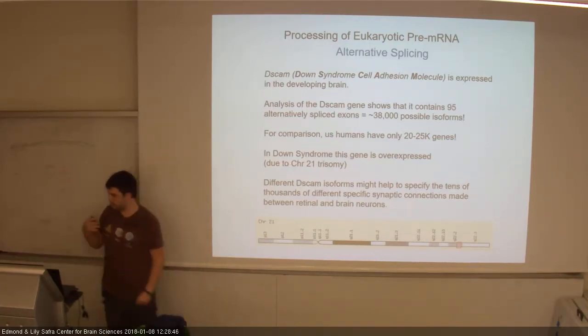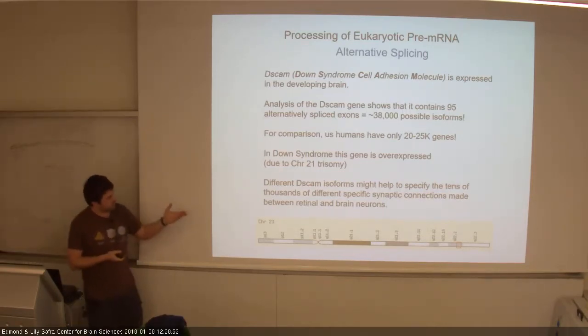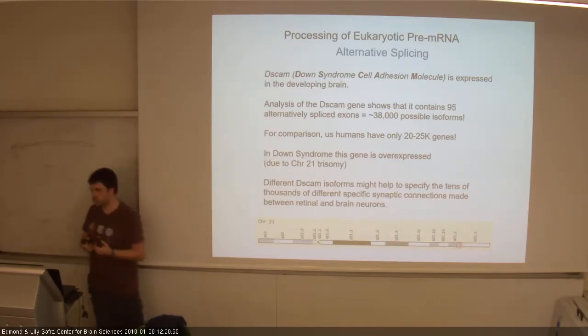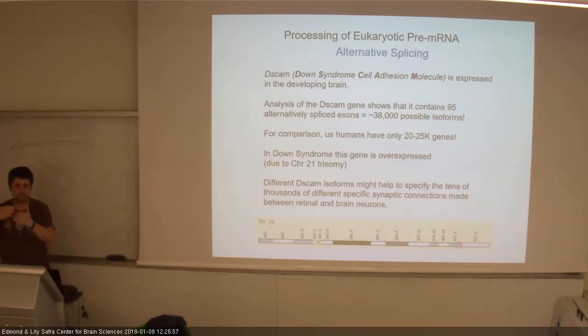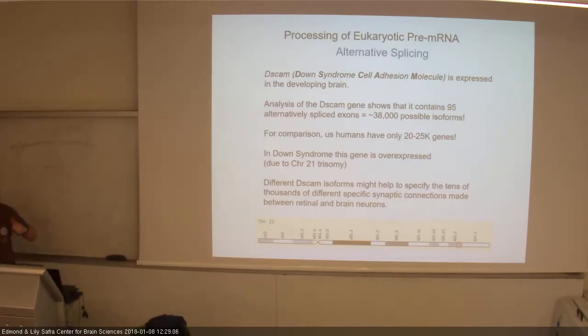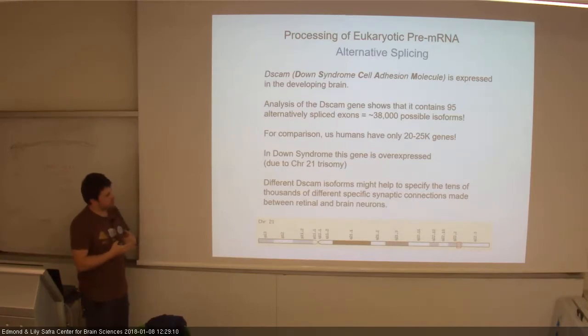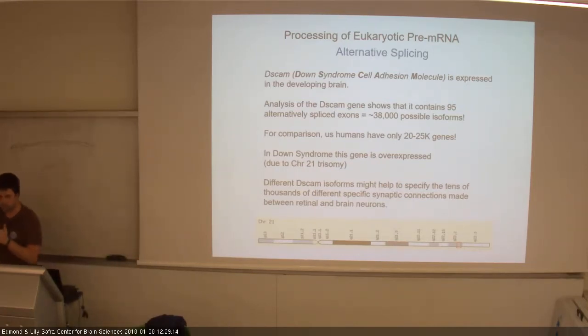Researchers have seen that this protein is expressed on the surface of the cells, and it might play a crucial role in the recognition, for example, of two neurons. One of the things that we don't know is why two neurons connect to one another and not to other ones. This might be one of the answers to this question, or at least part of the recognition sequence that is important for two neurons to recognize each other and form the right connections.